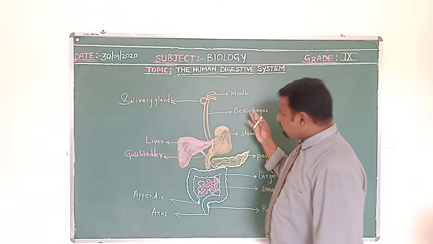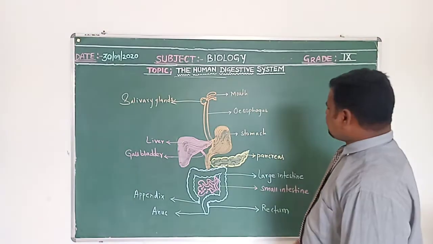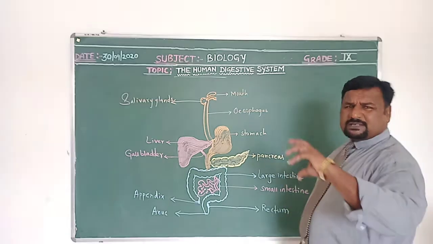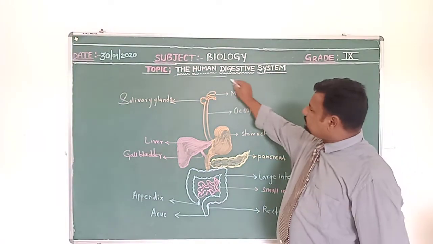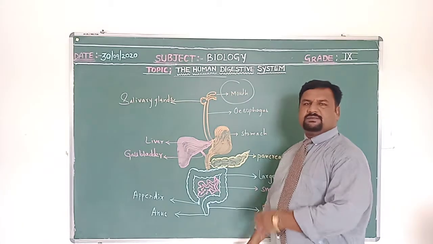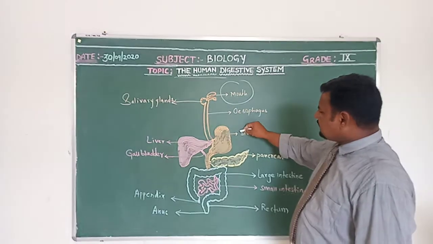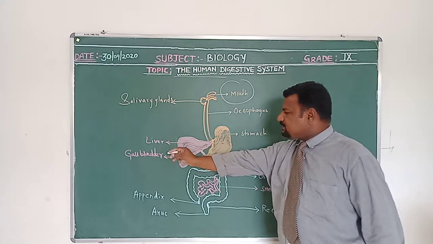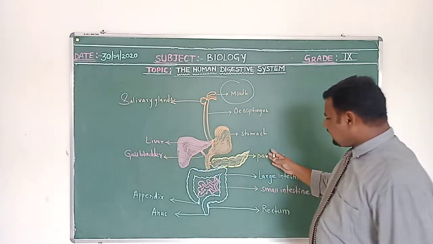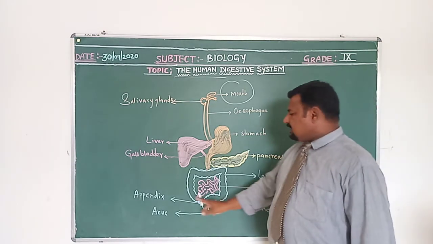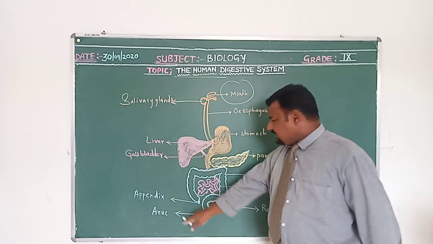See here, the parts associated with the human digestive system are shown in the diagram. The process of digestion begins from the mouth, then the esophagus, stomach, and the associated glands: liver, pancreas, then large intestine, small intestine, rectum and anus.